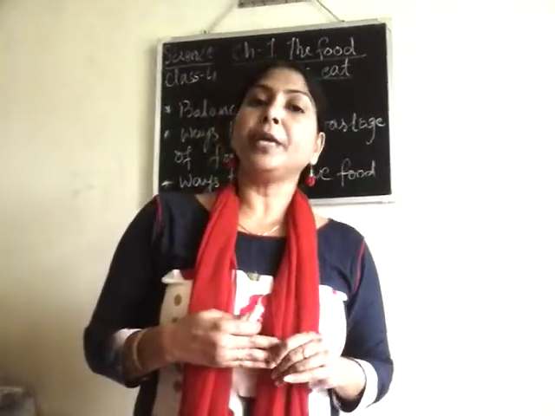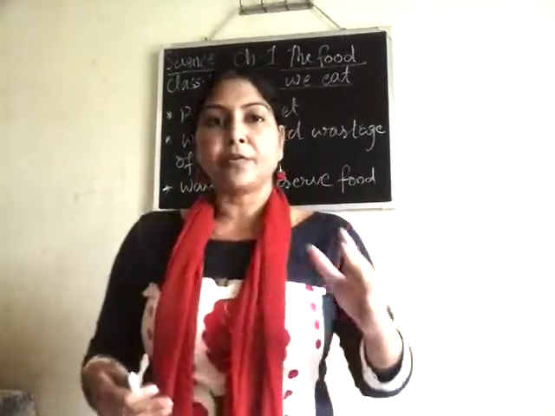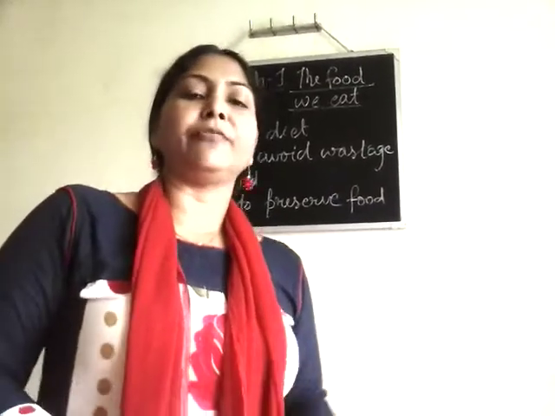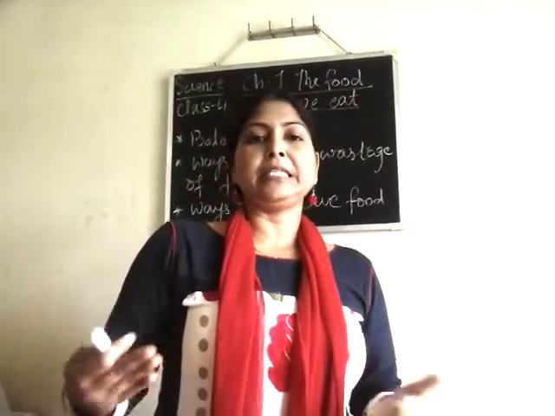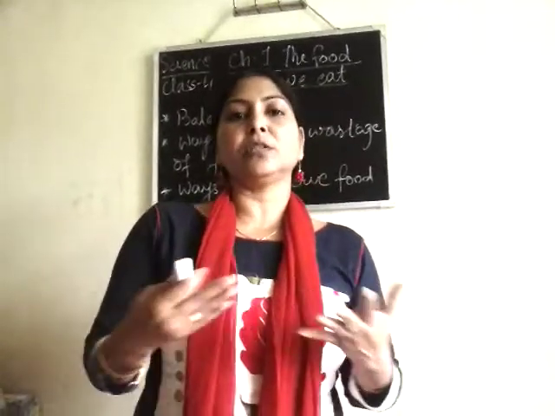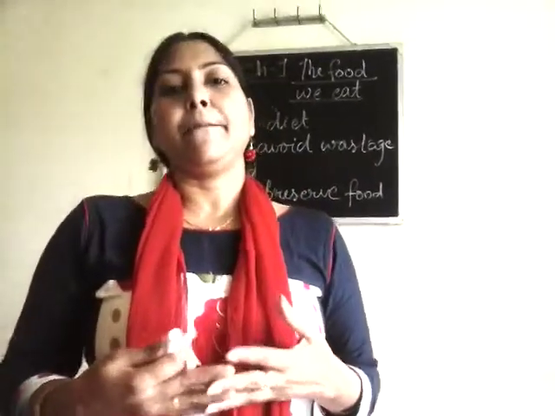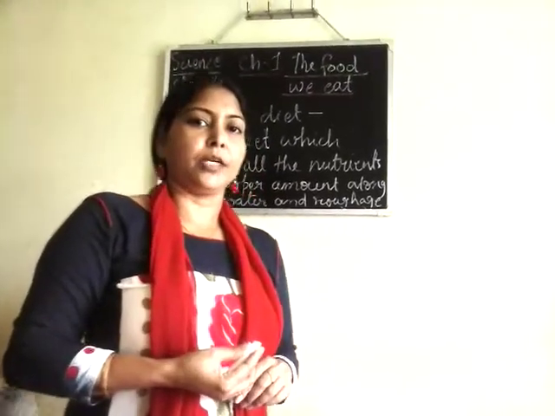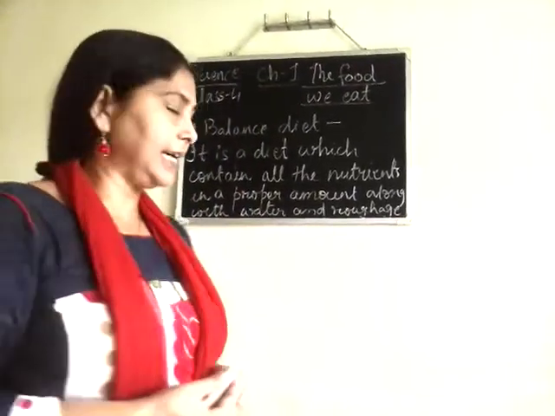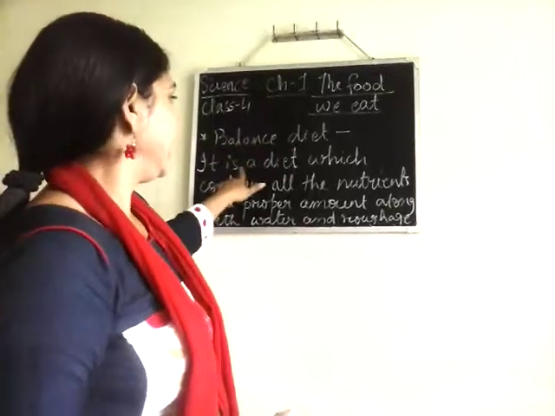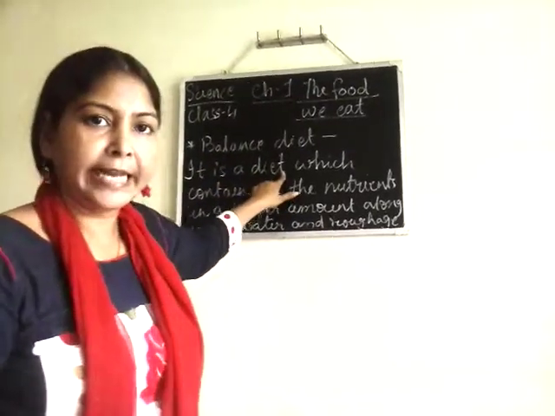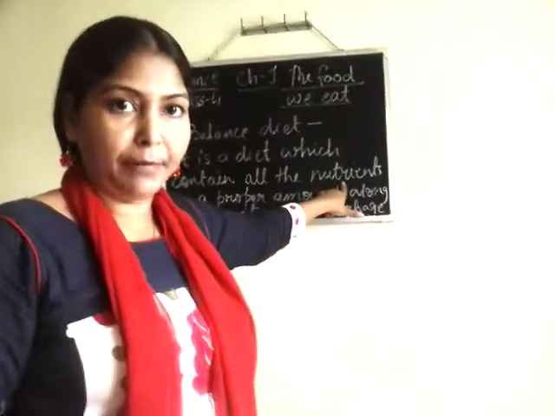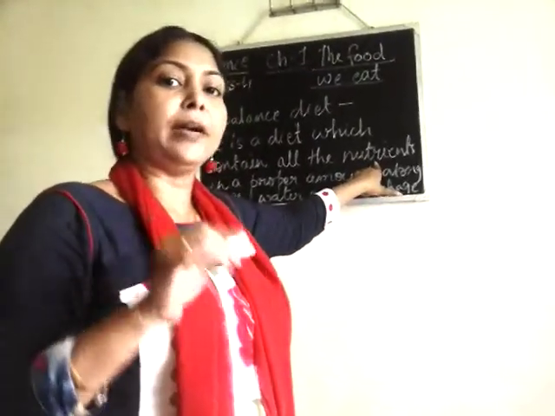So what do we mean by balanced diet? I will write the definition on the board, and you can also refer to your book where the definition of balanced diet is mentioned. Balanced diet is a diet which contains all the nutrients in a proper amount along with water and roughage.